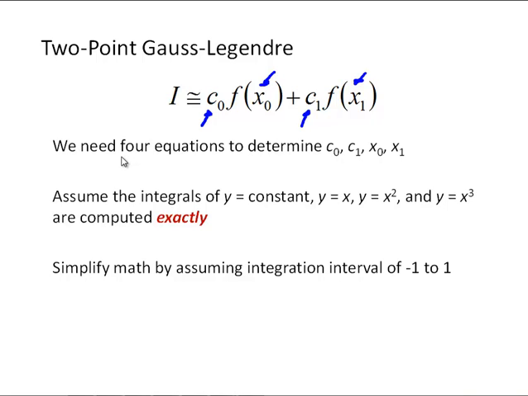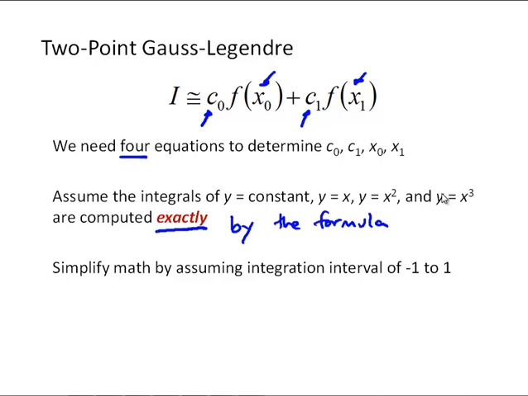So in total we need 4 equations to determine our 4 unknowns, c0, c1, x0, and x1. The approach for Gauss Legendre is to assume that the integrals of the functions y equals a constant, y equals x, y equals x squared, and y equals x cubed are computed exactly by our formula. We'll use those 4 constraints to develop 4 equations.